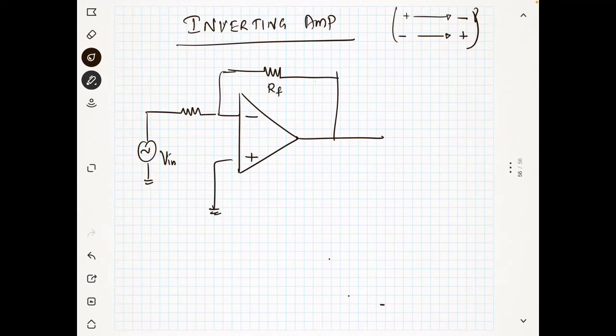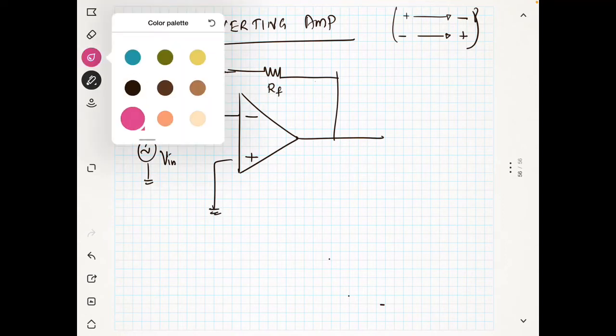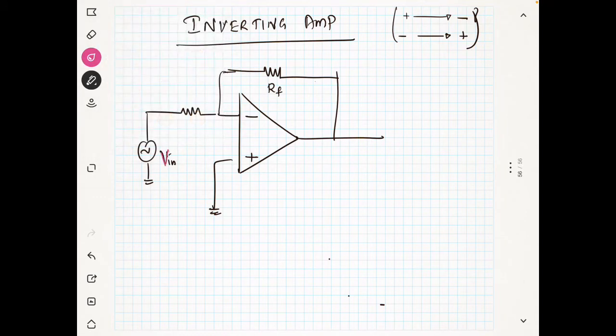You can see here that the input is V in, and it is given to the negative terminal. That's why if you give the positive input, you will get the negative output. If you give the negative input, you will get the positive output. Now this is your V out.